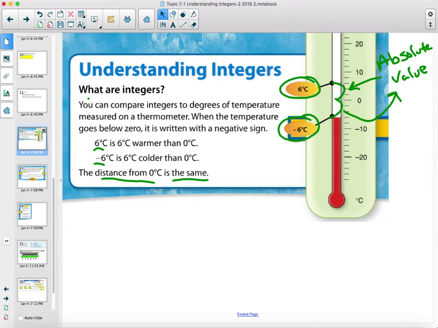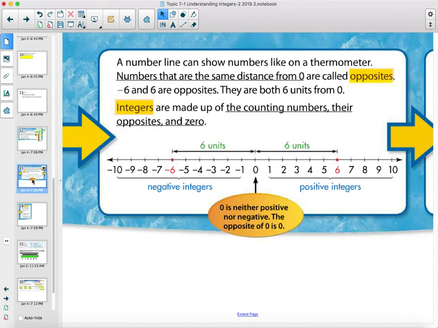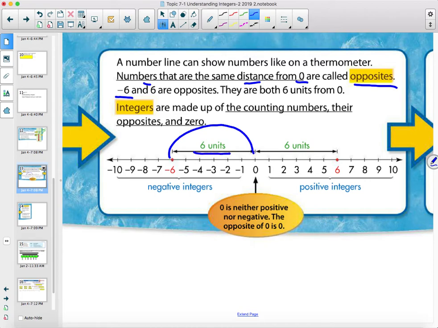So anyways, the book then goes on to give you more information about it. It says a number line can show numbers like a thermometer. Numbers that are the same distance from 0 are called opposites. In other words, they have the same distance. In that previous slide, I showed you the distance from negative 6 to 0. Negative 6 to 0 is 6 units.